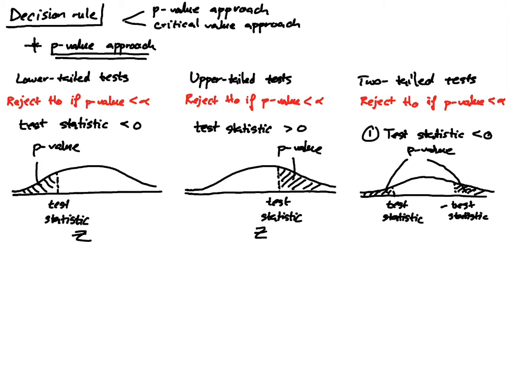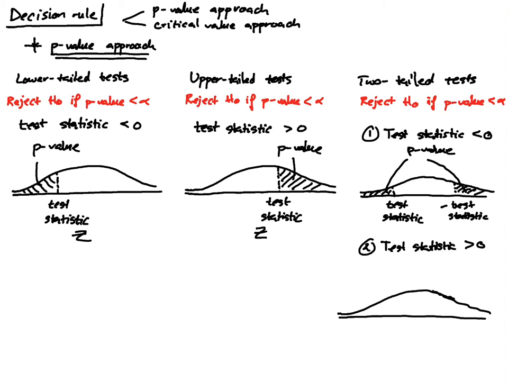Now what if you have a positive test statistic? It's the same idea, right? If you have a positive test statistic, first off, you put it on a standard normal distribution.